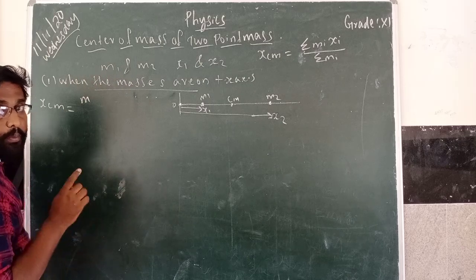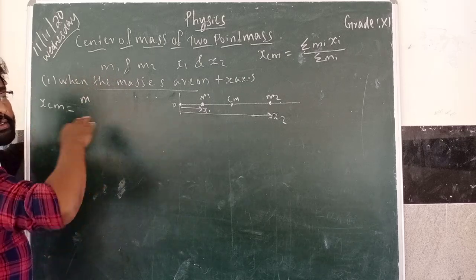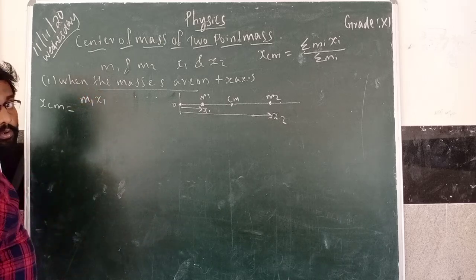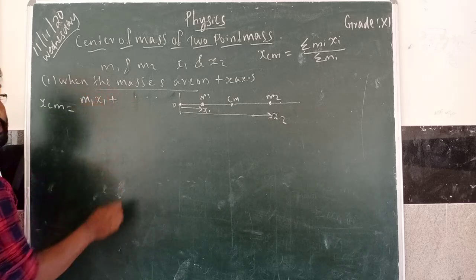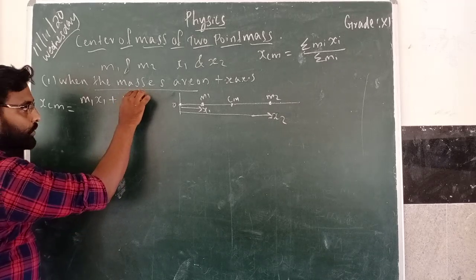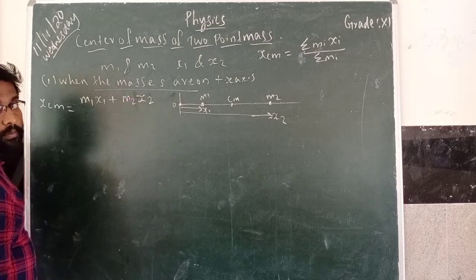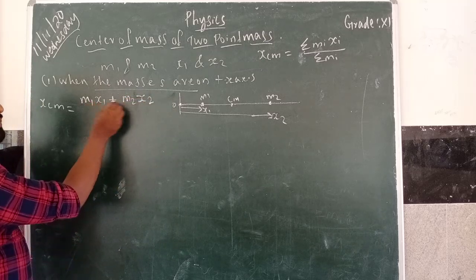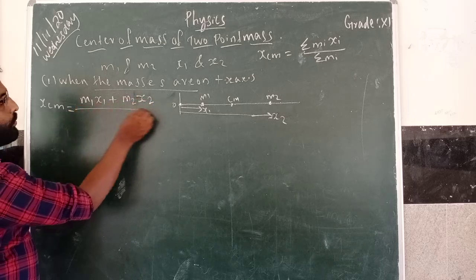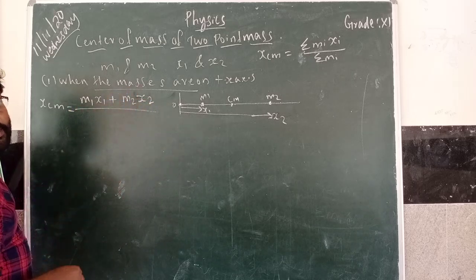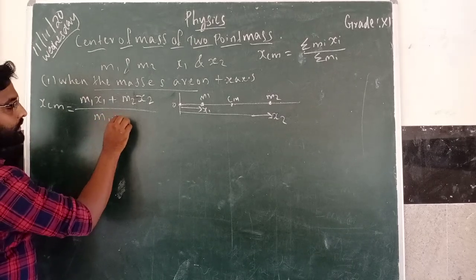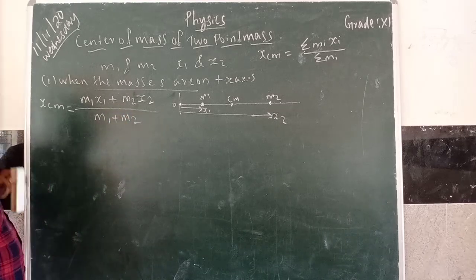Summation mi xi means all the masses and their positions. M1 is at position x1, plus M2 is at the position x2, divided by sigma mi. Sigma mi means the total mass, M1 plus M2.